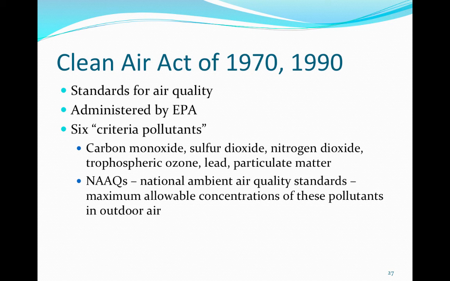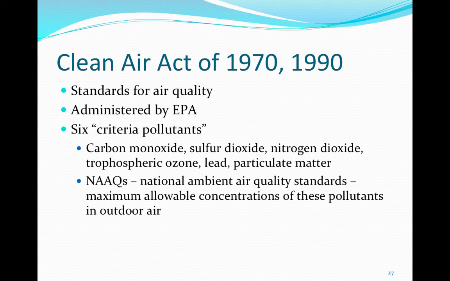There are 6 what are called criteria pollutants that the EPA, who administers this law, uses to determine if air is, quote, good or, quote, bad. This acronym, NAAQS, National Ambient Air Quality Standards, is the blanket acronym for these 6 criteria pollutants. They're the ones that are measured and, again, determine if the air is good or bad.